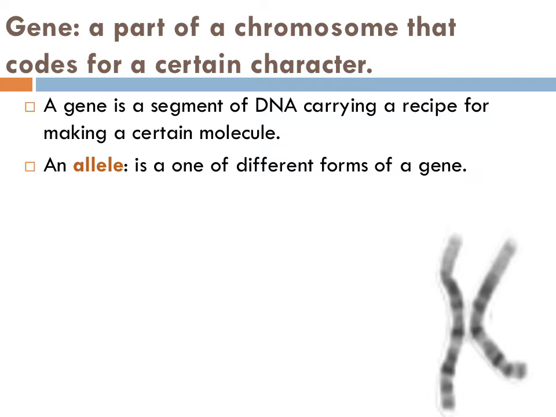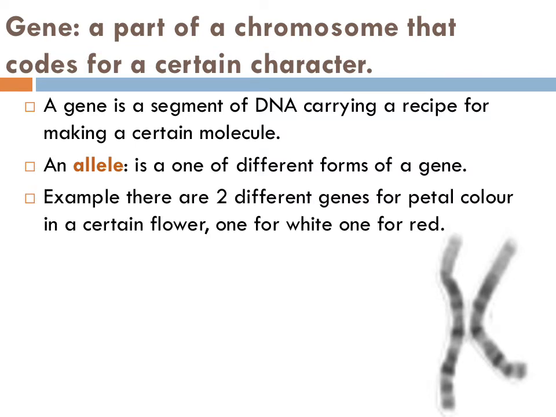So, what if we have two genes, right? And here we're going to talk about flowers and petals. What if I have two different genes for petal color for a certain flower? One codes for making white petals and one codes for making red petals.